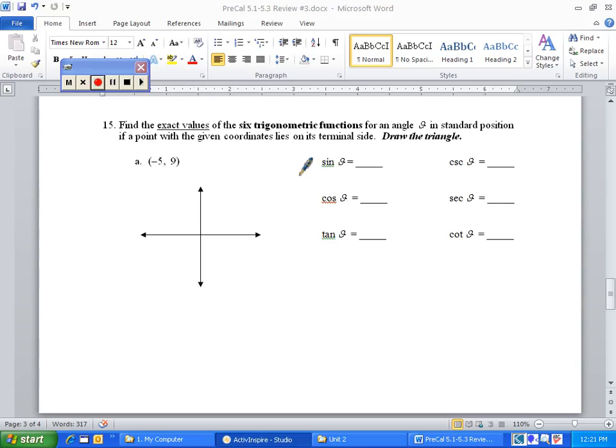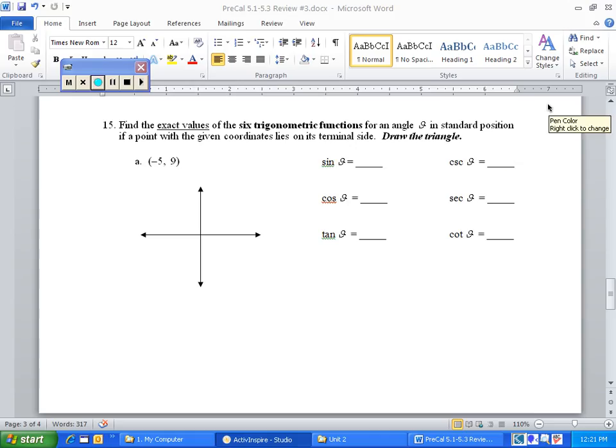Now you can see if 9 divided by 106 can reduce, and it does not, so it stays the same. The cosecant, use this to flip. Don't flip the rationalized one, because that's going to be a lot of work. Flip this, because when you flip it, it's simply square root of 106 over 9, which means you don't really have any more work to do after that.